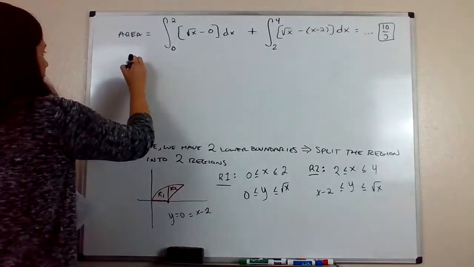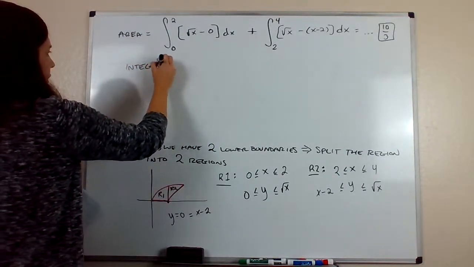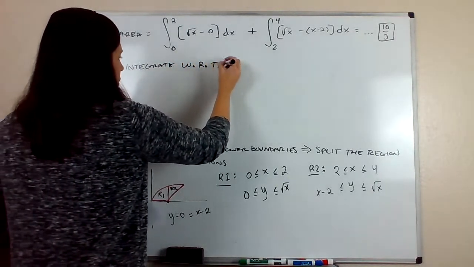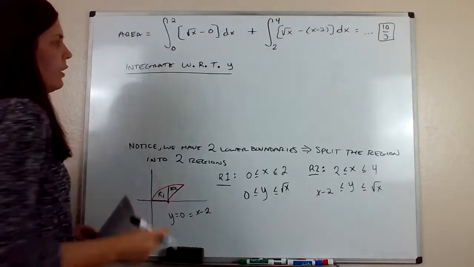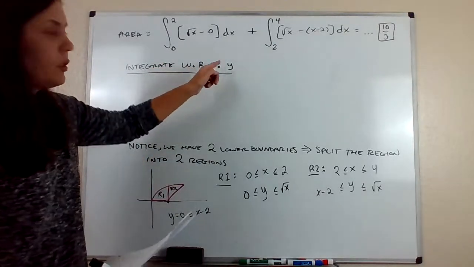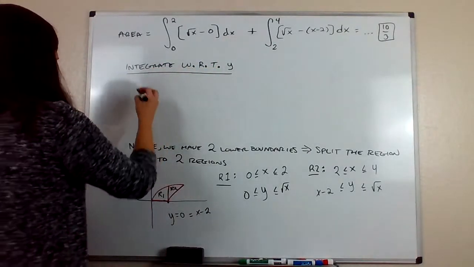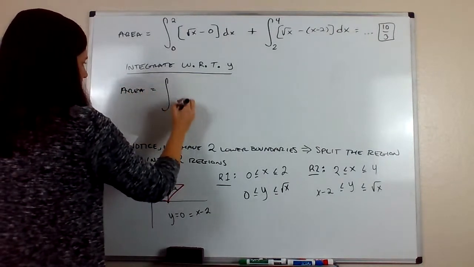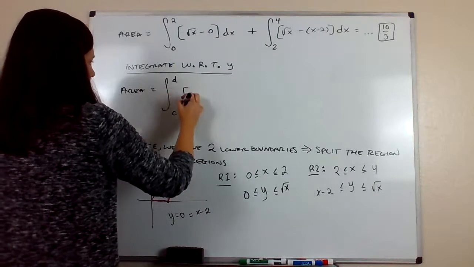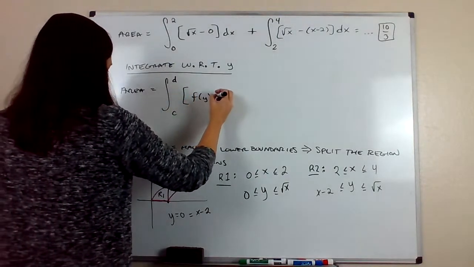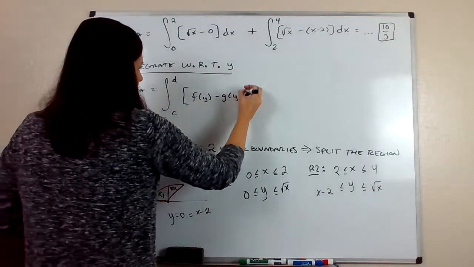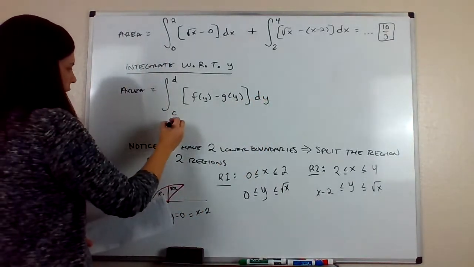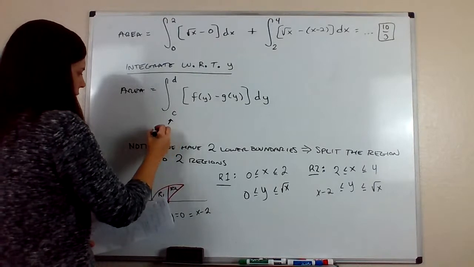Okay, so let's talk about this real quick. We are going to integrate with respect to y. So with respect to y, the area is the integral from c to d of f of y minus g of y dy. Here, these limits are y values.